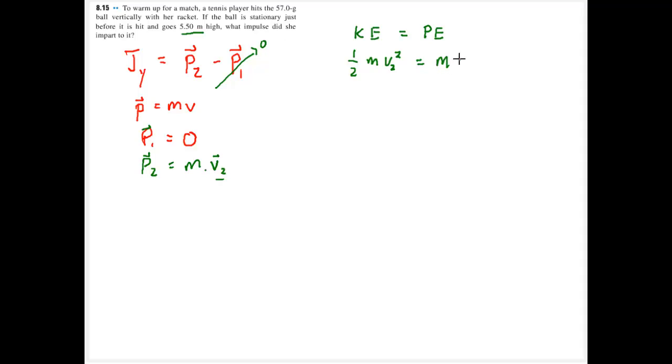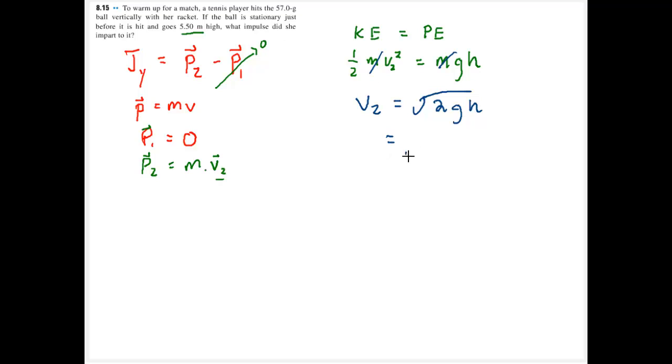Is going to be mass times gravity times height of the ball, which I know. So I can simply cancel these two guys out, multiply by 2 and take the square root, and I'll solve for velocity 2 must be equal to the square root of 2 times gravity times the height.